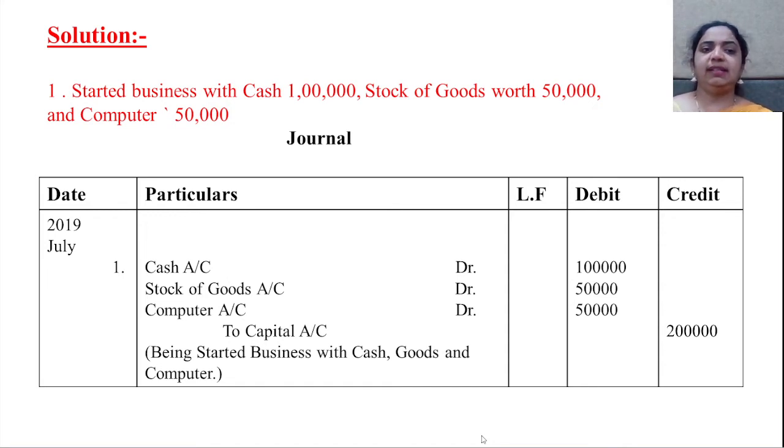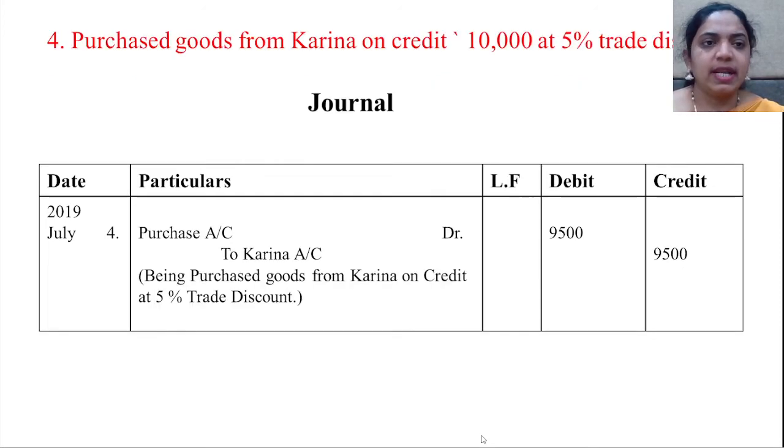So you write it as you can see in front of you: cash account debit, stock of goods account debit, computer account debit to capital account, being started business with cash, goods and computer. Transaction number 1.